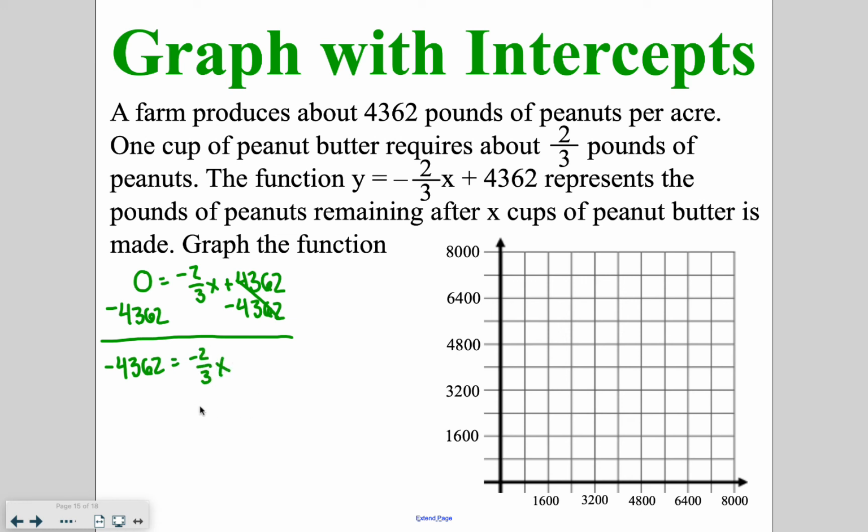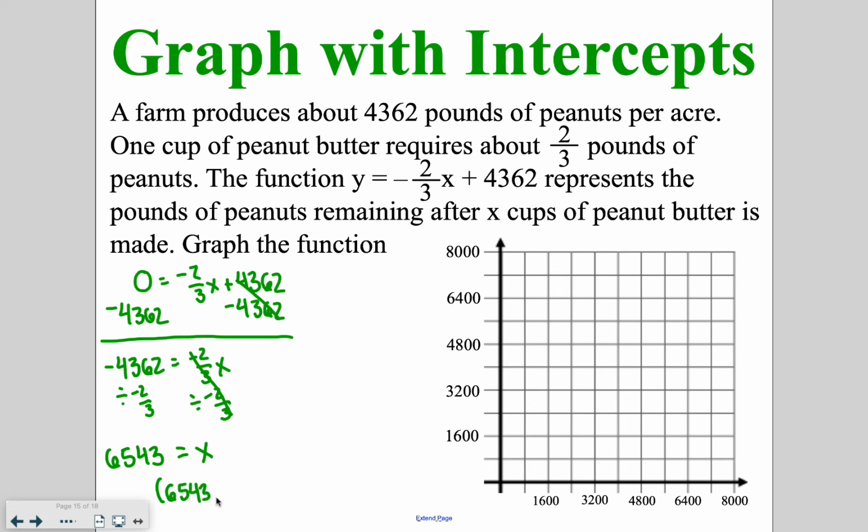Then to get rid of that -2/3, I'm going to divide by -2/3 on both sides of my equation, which gives us just x on the right side. And when I actually do that division, it gives me 6,543.